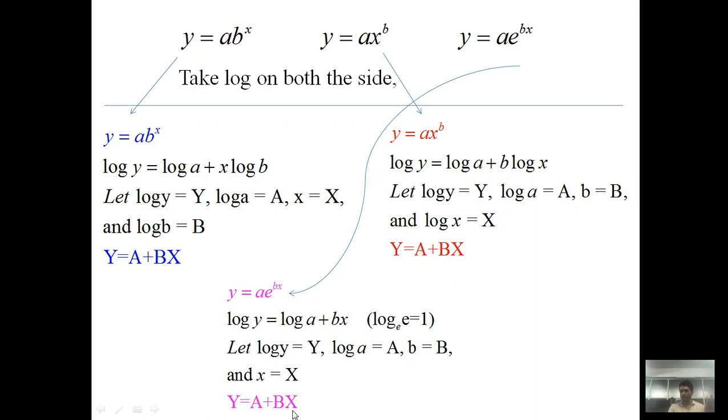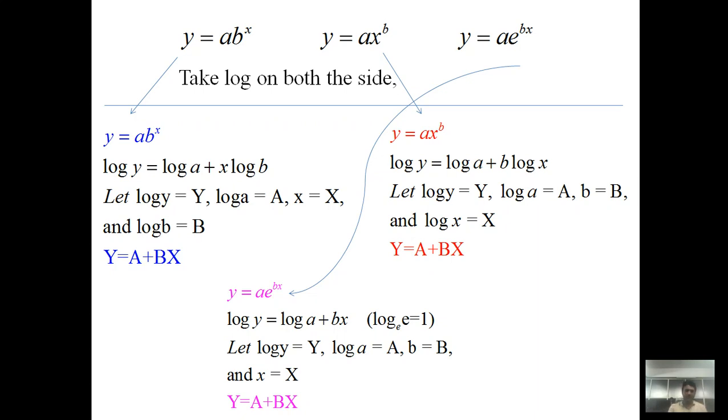And now once we have a linear form, we will see in a separate lecture on curve fitting how to fit a least square line, because y is equal to a plus bx is nothing but the equation of a line. So we have to apply the strategy to fit a straight line.